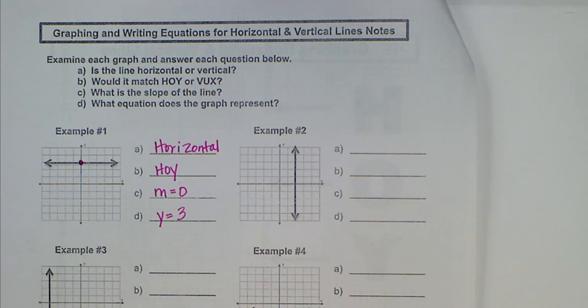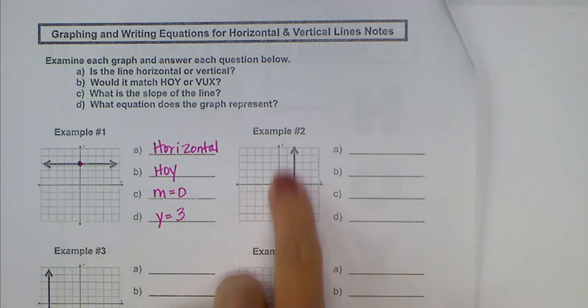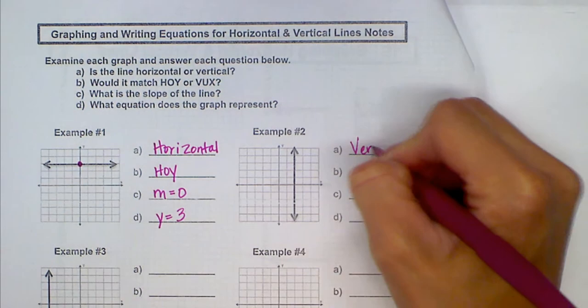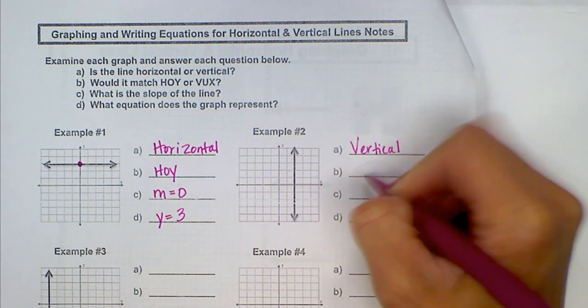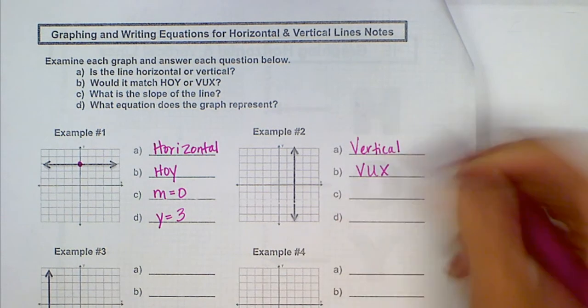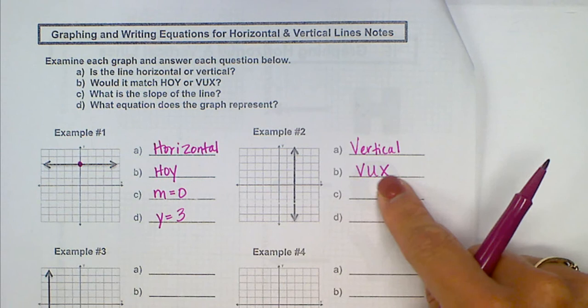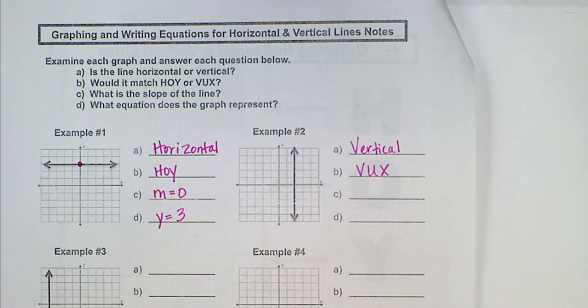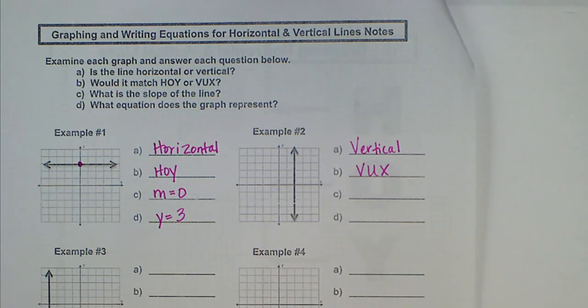For example number 2, we know this is a vertical line, and that would mean that it follows the VUX, I guess, acronym or mnemonic that we were talking about in the previous video.